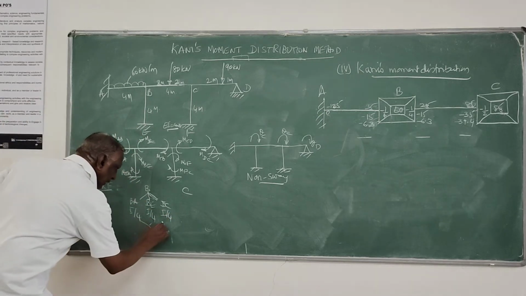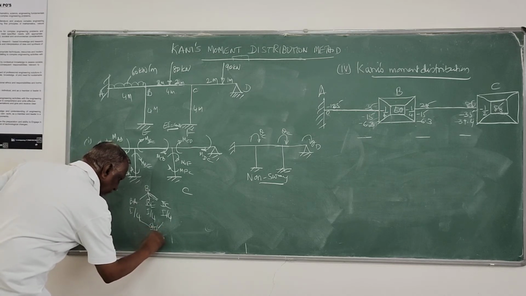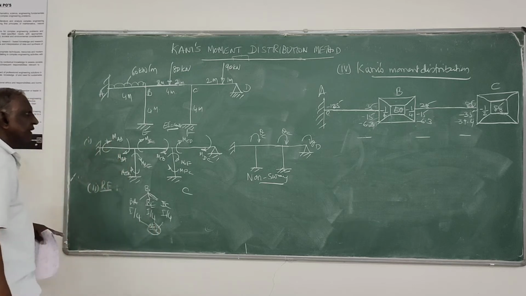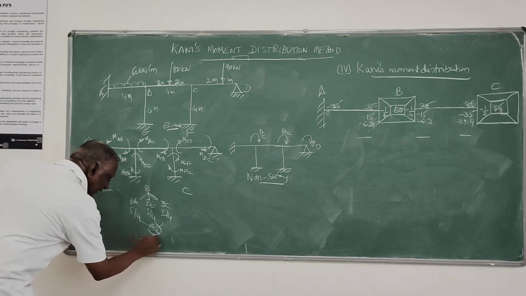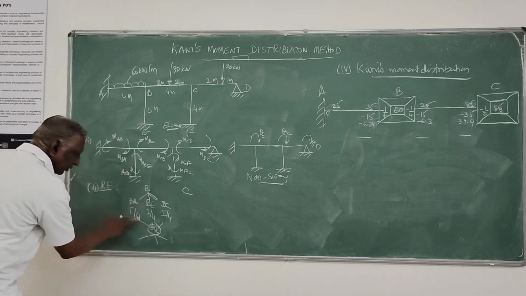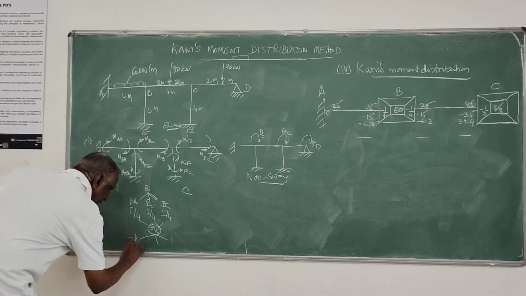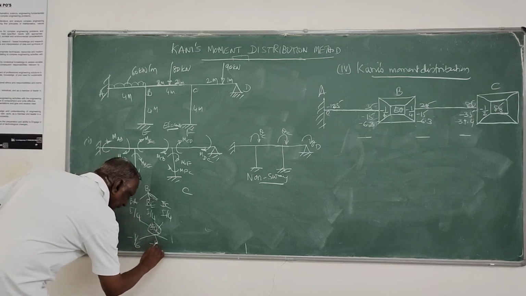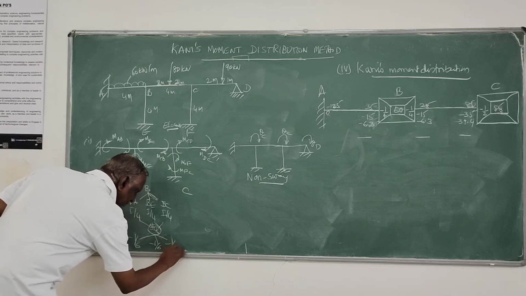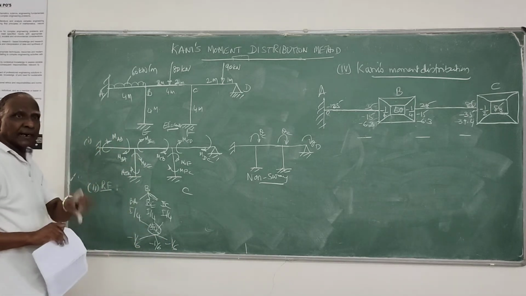So total it is 3I by 4, the sum of the relative stiffness values. Then rotation factor is I by 4 by 3I by 4, that is 1 by 3 into minus half, it is minus 1 by 6. Here also it is minus 1 by 6, minus 1 by 6. Mind it, the sum of the rotation factors should be minus half.